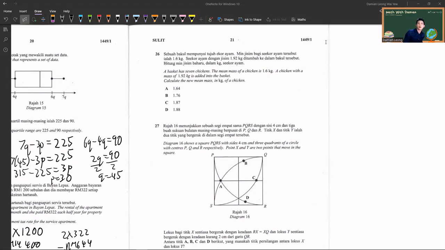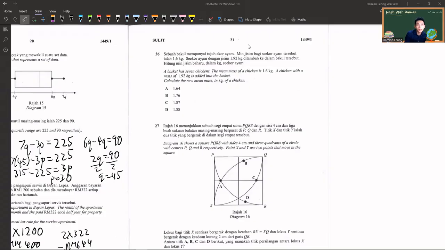Hitung min jisim baru dalam kg seekor ayam. So I need to find the new mean after adding that one chicken in. So we can only change the total.